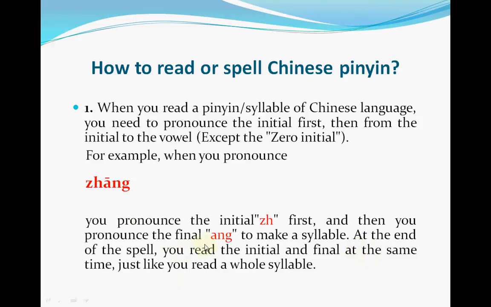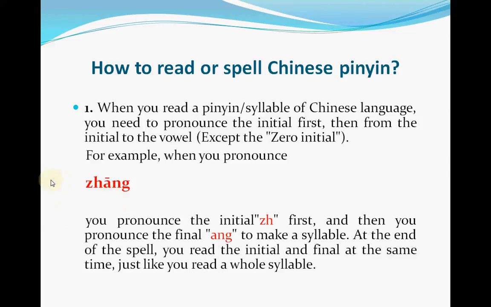For example, when you pronounce zhang, you pronounce the initial zhi, and then you pronounce the final ang to make a syllable.